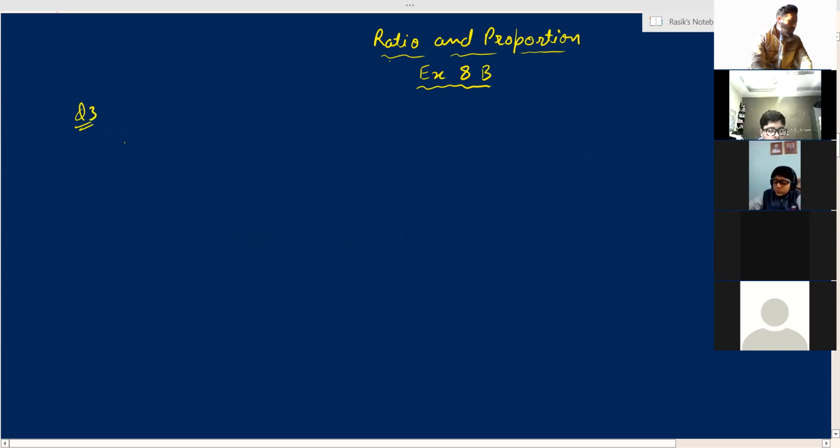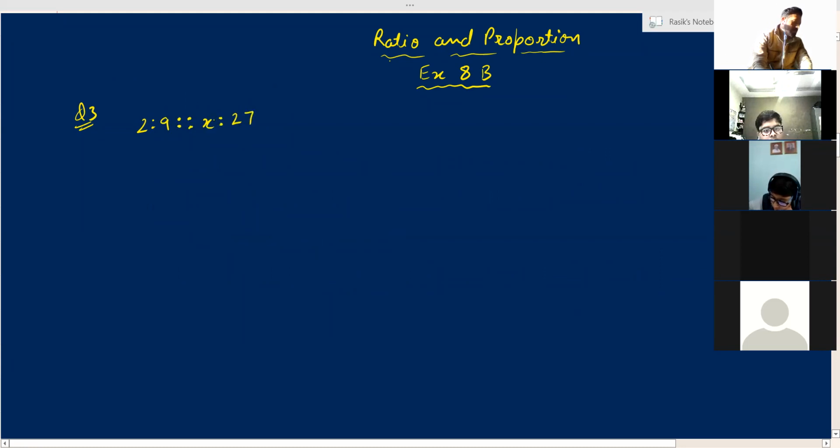In this, we have to find the value of x, and it is given that these four numbers are in proportion. The numbers are 2, 9, x, and 27. All of you, look at the way it is written. 2 is to 9 as x is to 27. Do you get the meaning?